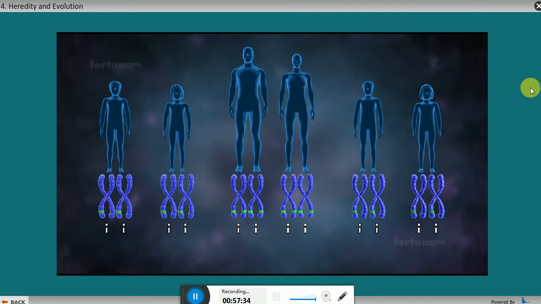This means the blood groups of their offspring will be similar to that of their parents, O.